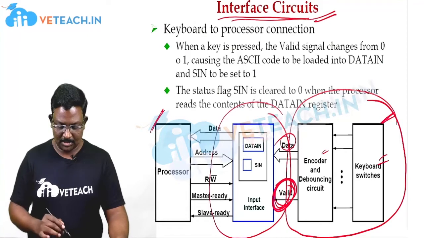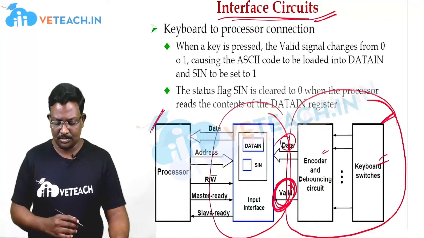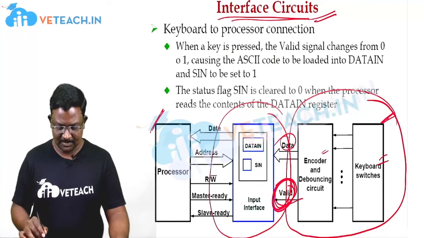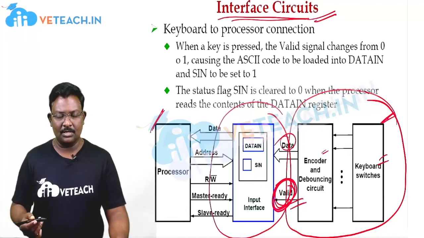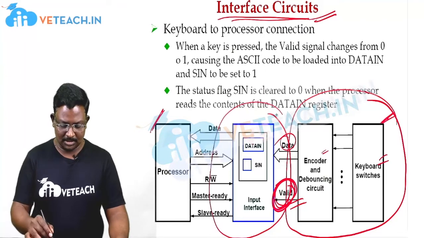Whatever key we have pressed, the binary encoded information should be equivalent to that binary form. If any one of the bits changes from 1 to 0 or 0 to 1, it is not considered valid data. If it is not valid data, we simply do not send it to the interface circuit.